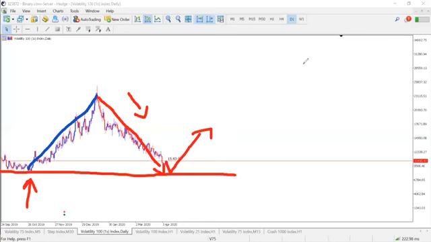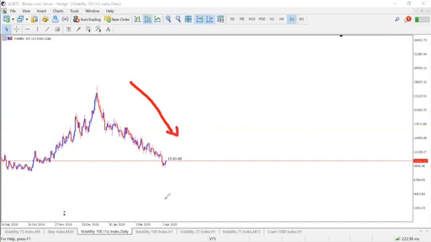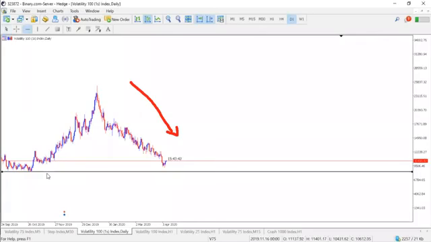Okay, let me clear all that. As we can see right now, we are in a downtrend. What can we do? We identify the structure's most lowest point. This is the structure's most lowest point. Here, price, this is the lowest point on this current structure.